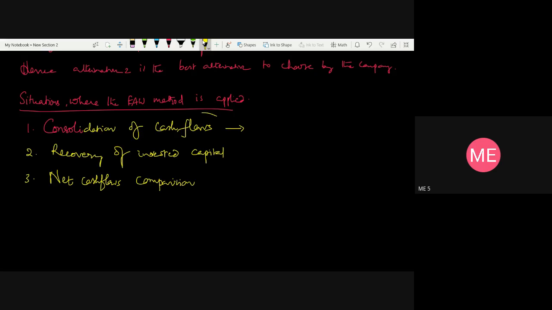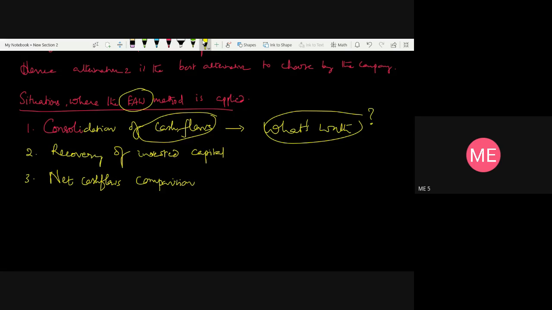So when the cash flows are given, analyzing the worth of these cash flows is a little bit difficult, but still we use the equated annuity worth method when the consolidation of cash flows is given. That is, what is the worth? Whether these cash flows are worth it or not. When you have this question, which one is worth choosing based on the consolidation of cash flows, then I can go for the equated annuity worth method.